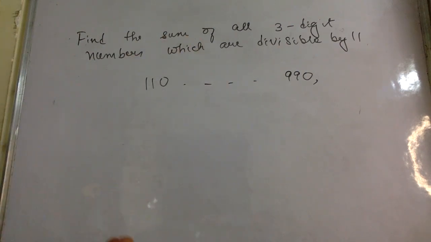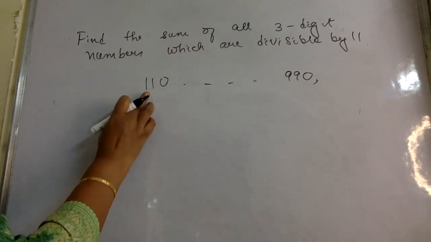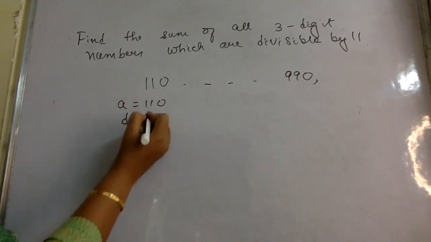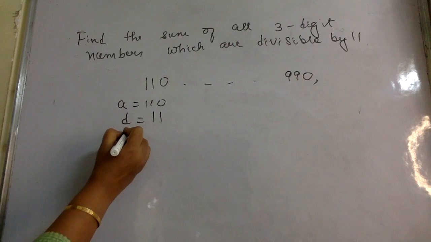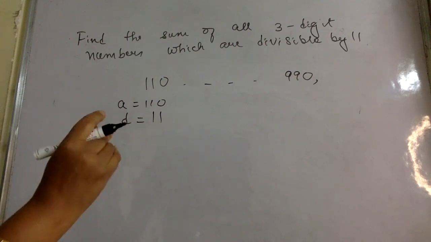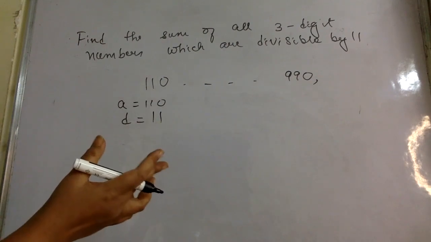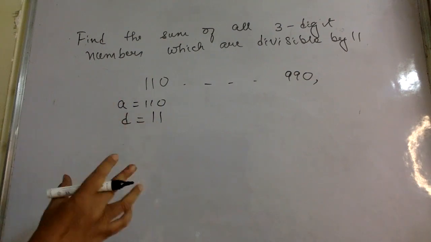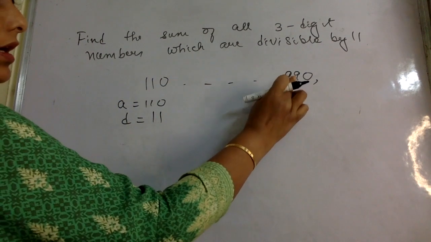So it can be asked even for a 4-digit set. Here A is equal to 110, D is equal to 11 of course, and we want the sum of all 3-digit numbers which are divisible by 11. Now we have to see how many such numbers there are.